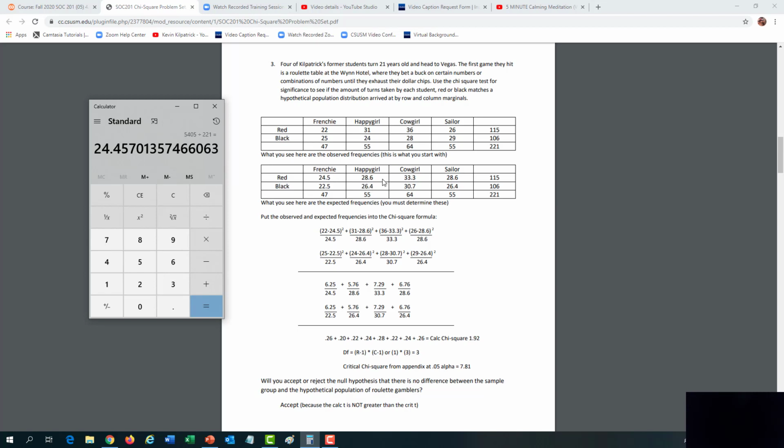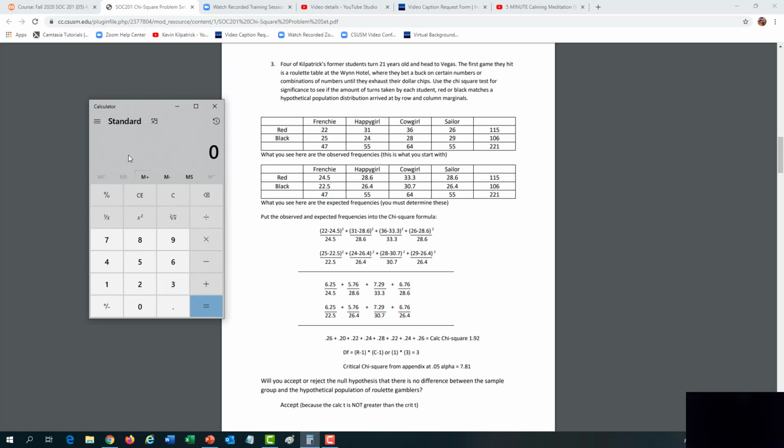Okay, let's go to the next one. In order to get the expected frequency for this cell of 31, I need to multiply the column total of 55 times 115. And when I get that result, I'm going to divide it by 221.